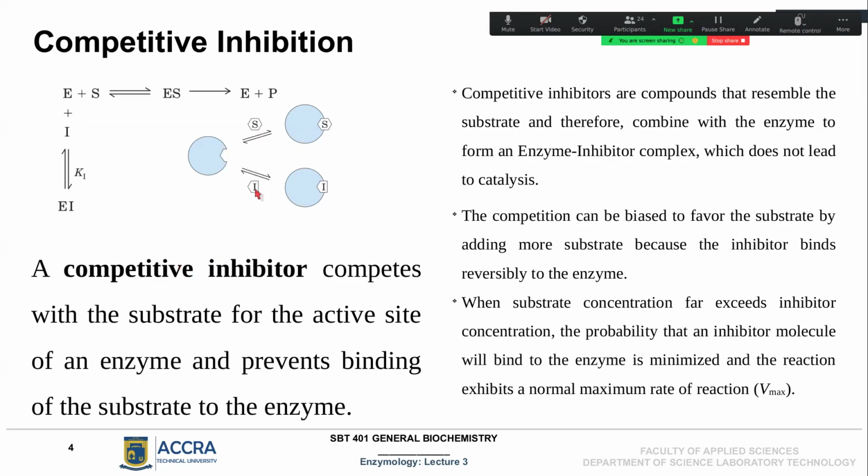Competitive inhibitor because the inhibitor is competing with the substrate for the active site of the enzyme. So that once the inhibitor binds to that active site, the substrate is not able to bind, and so the reaction is terminated. Or sometimes you say the reaction is slowed down.